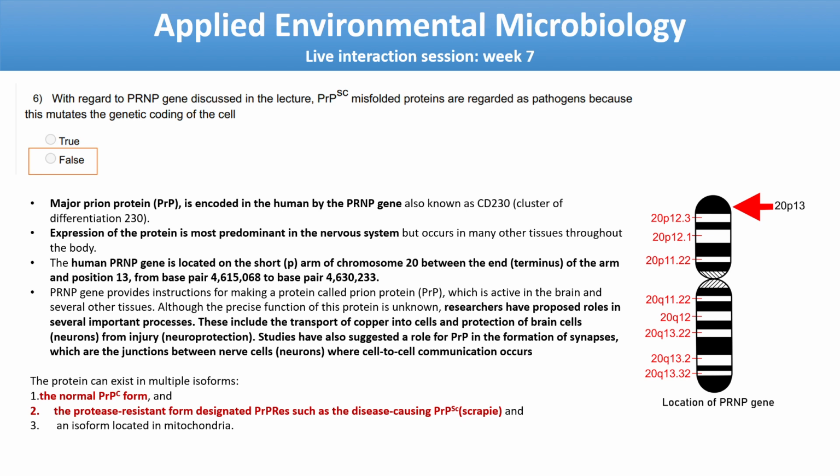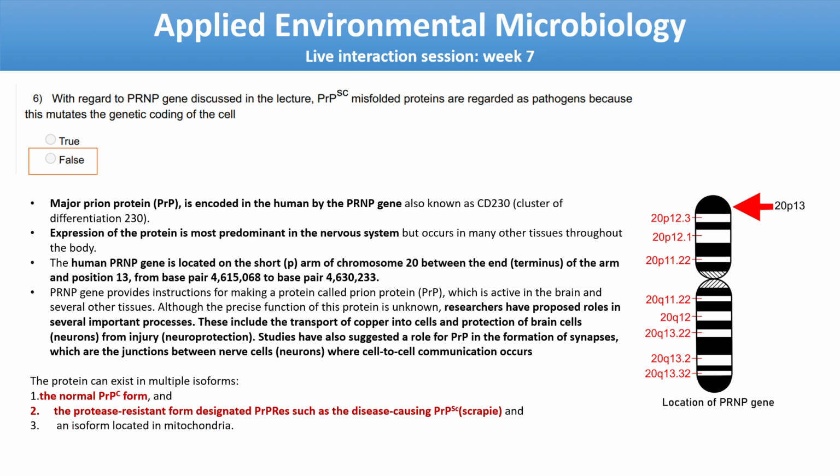So this prion protein present in humans, when it is in its normal form, can do the functions I mentioned. But scientists observed that this protein can exist in multiple isoforms.